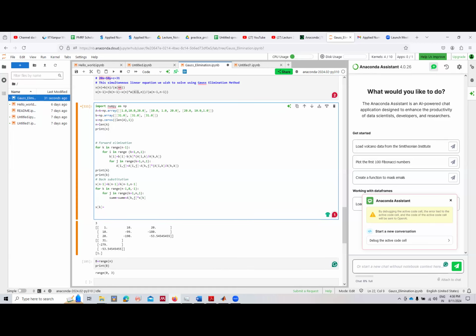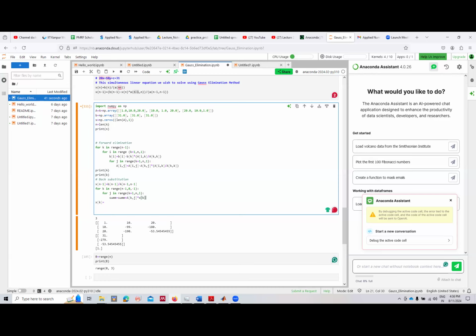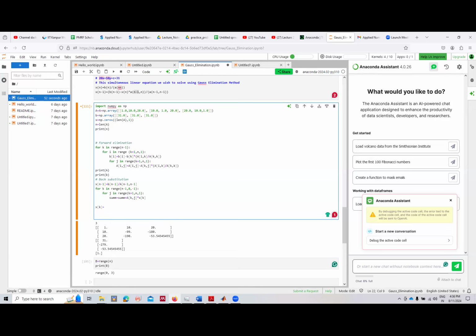Now suppose I have found the sum. So xk will be what?